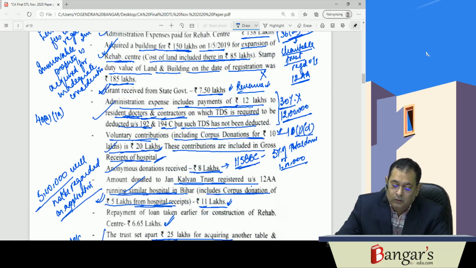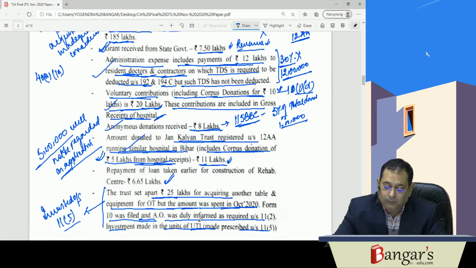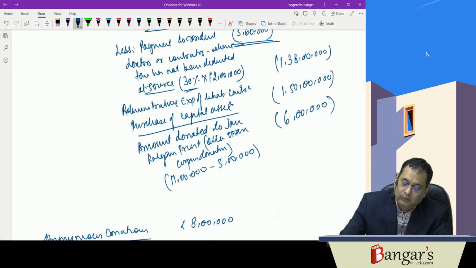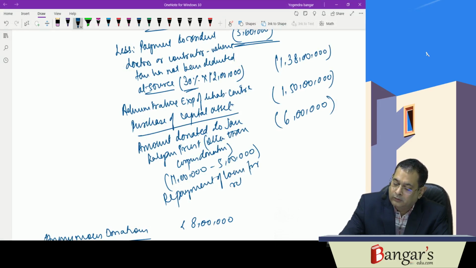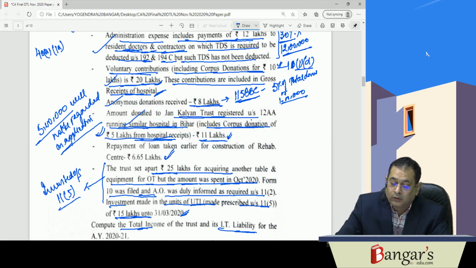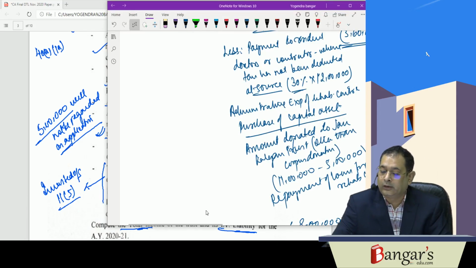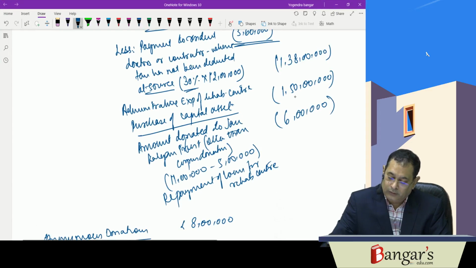Okay. Then repayment of loan taken for construction of rehabilitation center. This will be regarded as application. Repayment of loan for rehab center, how much is it? 6,65,000.